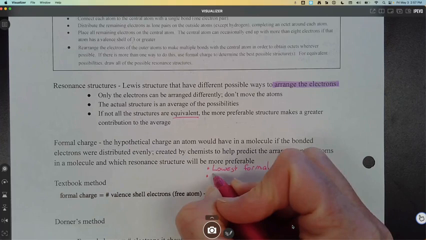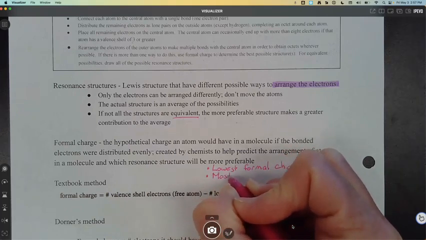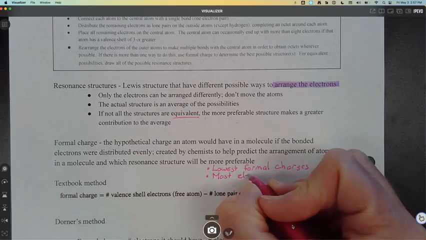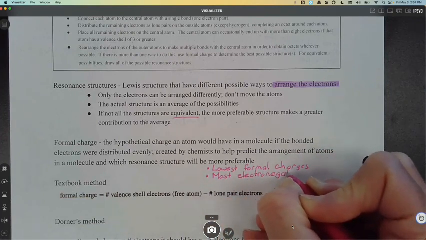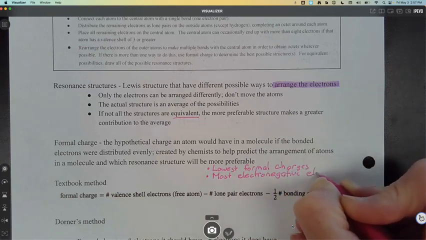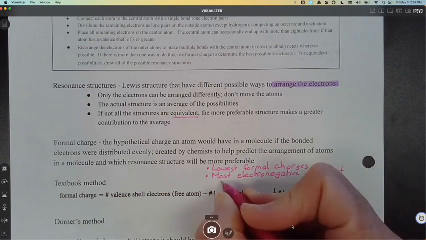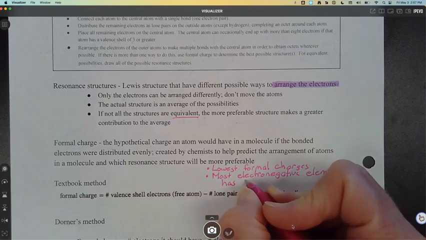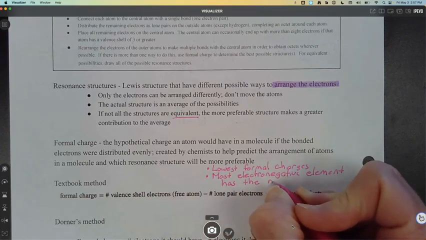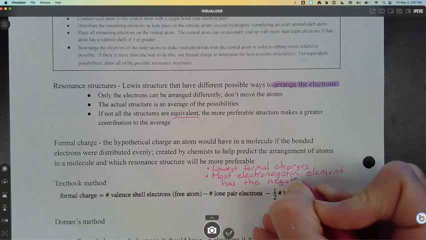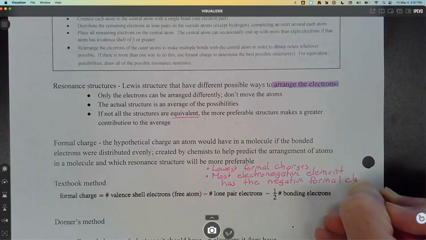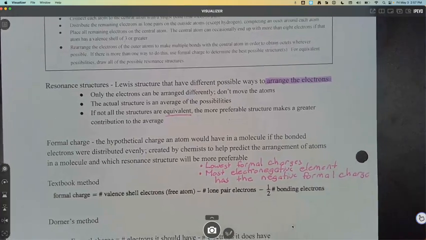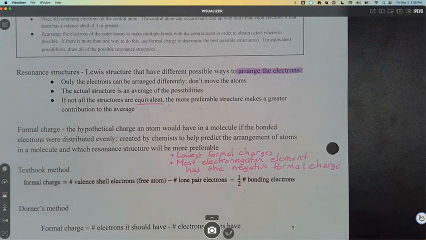And we want a situation where the most electronegative element has the negative formal charge. Now, obviously, if you can get everything to zero, we don't have to worry about the second criteria.